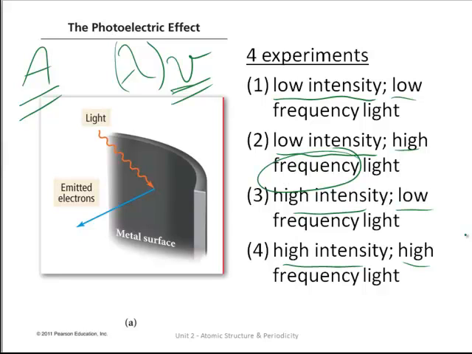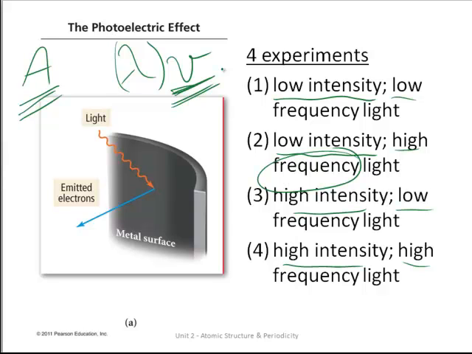Now at the time, most scientists thought that the amplitude was the best indication of the energy of the light source. The brighter the light, the more energy the light was imparting. And that is somewhat true, but what they didn't anticipate was the effect that changing the frequency had on the energy of a light source.